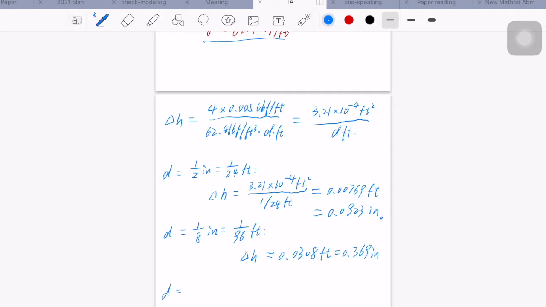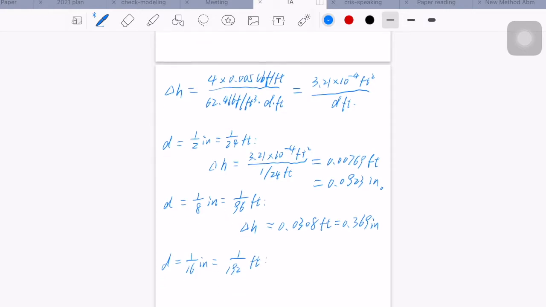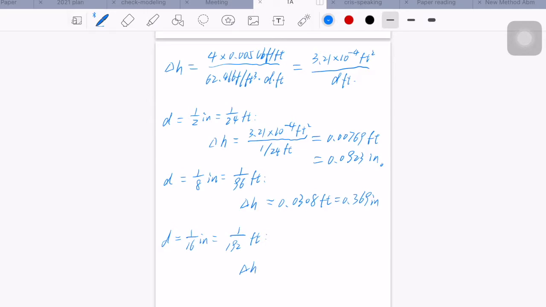And when d equals 1 over 16 inch, which equals 1 over 192 feet, delta H equals 0.0615 feet, which equals 0.739 inch. So this is the third delta H value, and we finished this problem.